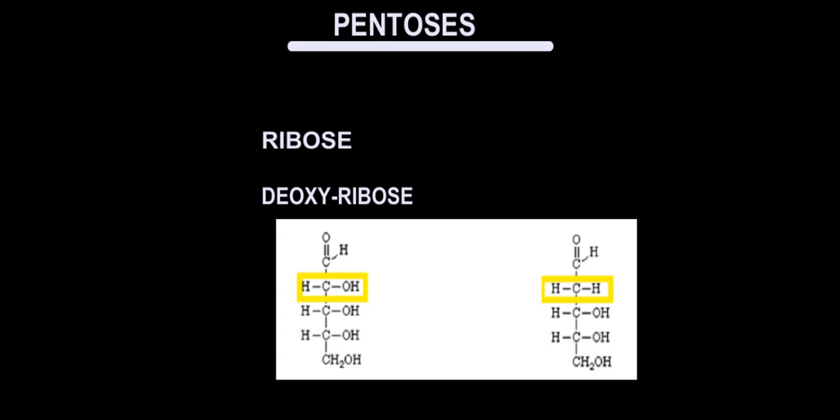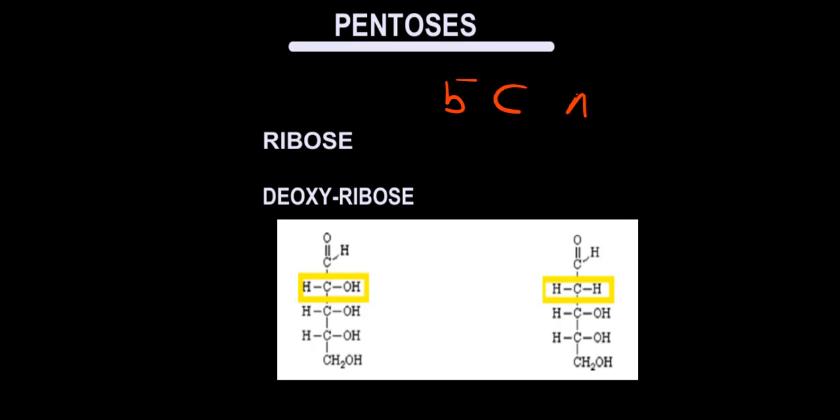Now we've talked about trioses, we've talked about hexoses. Now let's talk about pentoses. What is a pentose sugar? A pentose sugar is a monosaccharide with 5 carbon atoms. The two key examples we can talk about are ribose and deoxyribose.